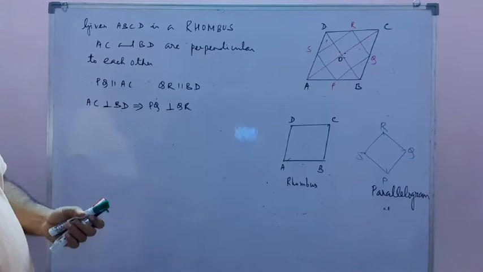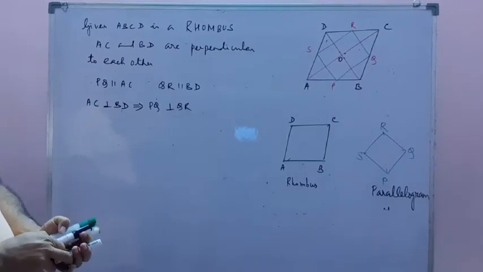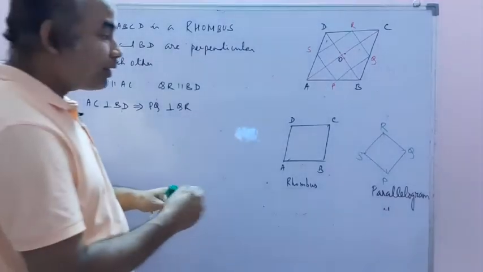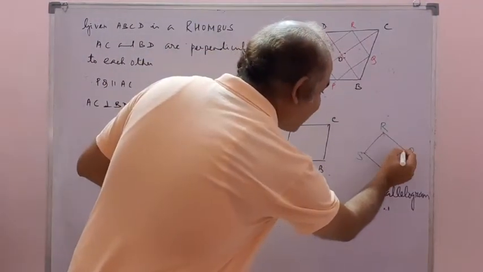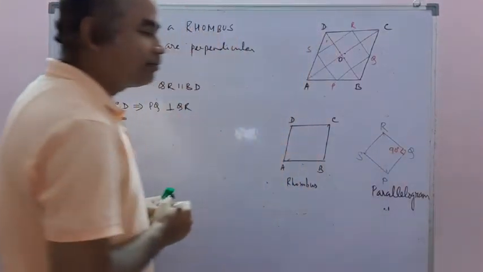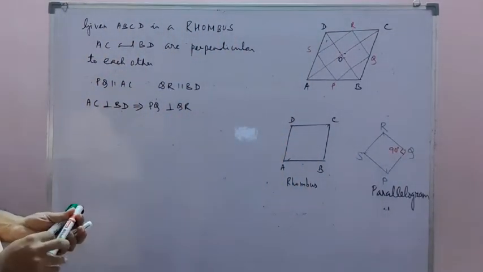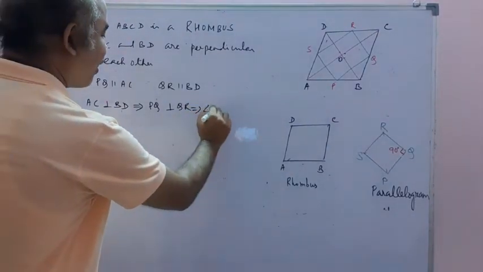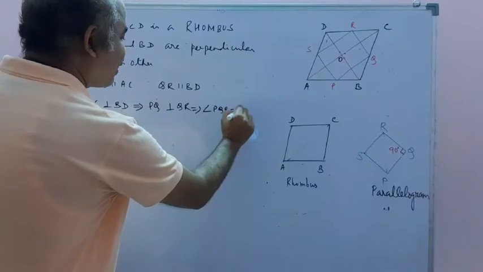If PQ and QR are perpendicular, then what will happen? The angle between PQ and QR will be 90 degrees. Angle PQR will be 90 degrees. It implies angle PQR, or angle Q, is 90 degrees.